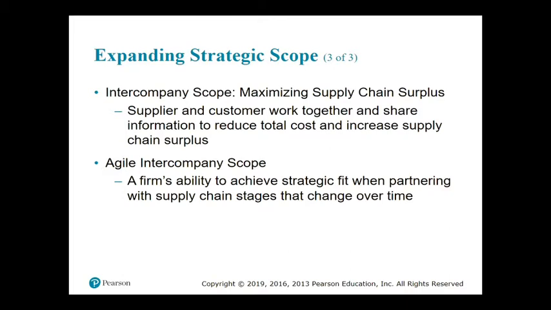So that harms the profitability of Procter & Gamble. So later on, they expanded the strategic scope and worked together to plan these promotions so that neither company is hurt by these promotions and other strategies.